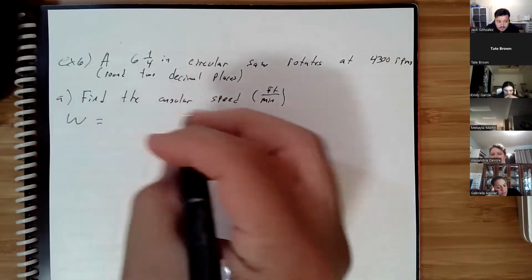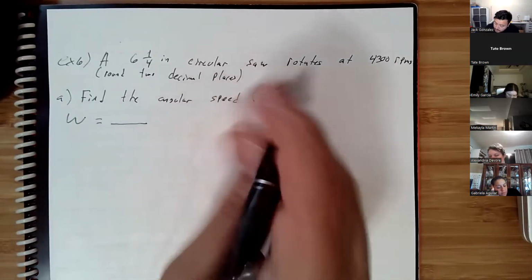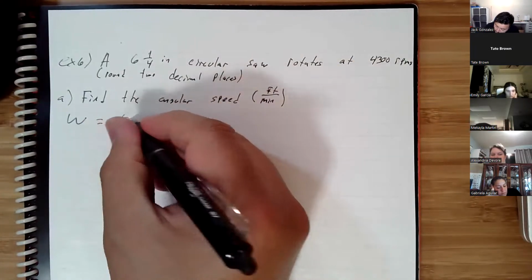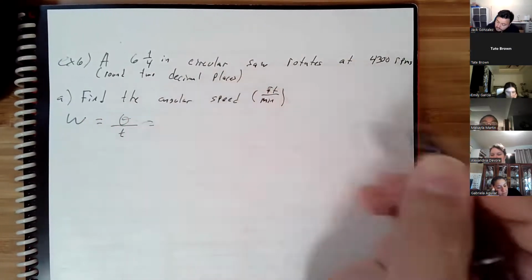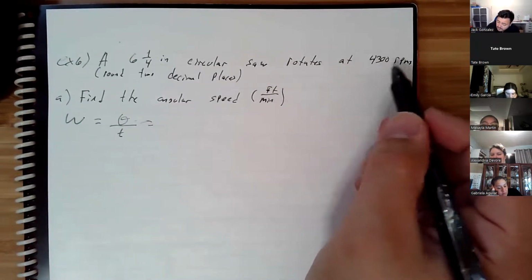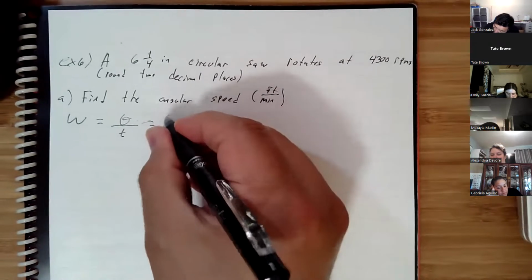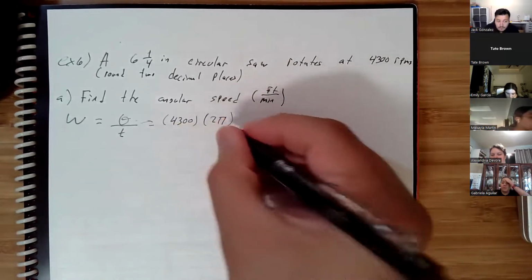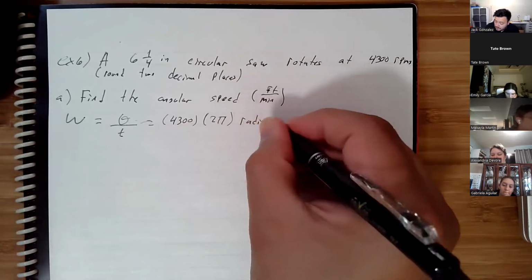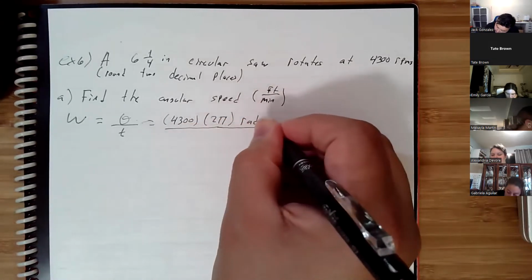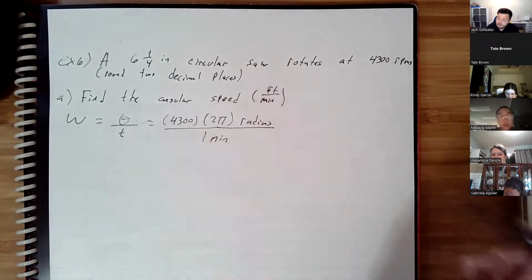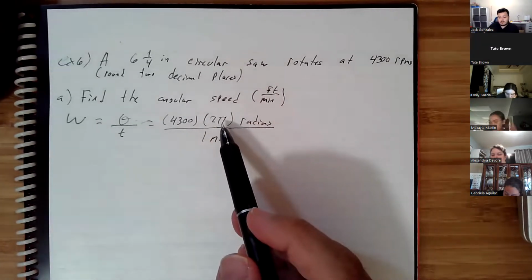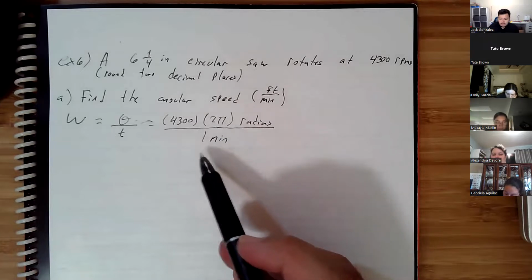So omega is equal to theta over time. The theta we have to get out of the RPMs, so it's going to be 4,300 times 2 pi radians per 1 minute. Do you see where this came from? 2 pi is a revolution, and per means over 1 minute.